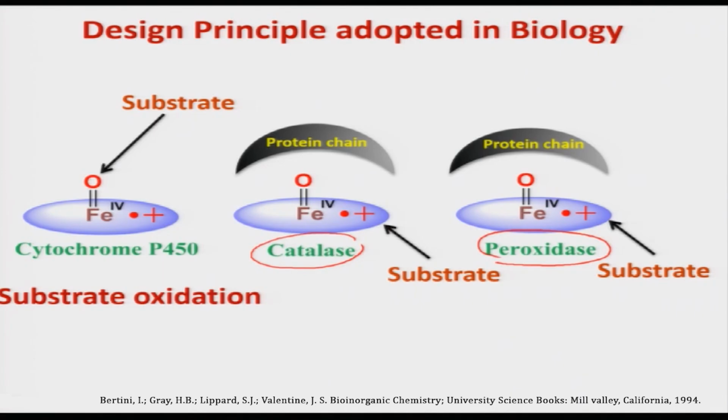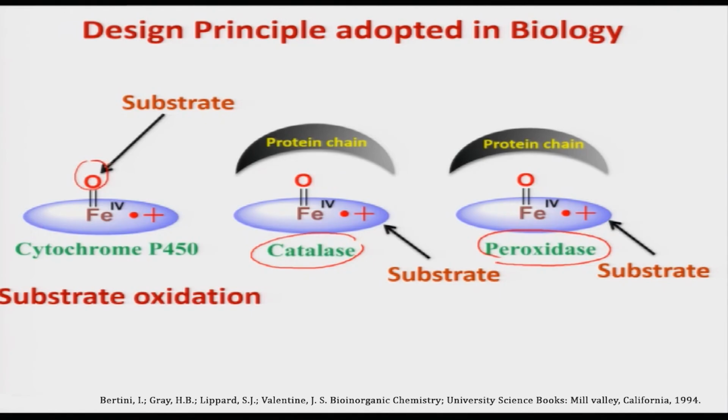The design is such that in cytochrome P450 this iron 4 oxo is exposed to the substrate, so that the substrate can come close to the oxo group, which is highly reactive, and transform to a hydroxylated compound. Now, the protein chains which are wrapping around this cytochrome P450 are indeed allowing the substrate to come close to the oxo group, thereby this oxo transfer is possible.